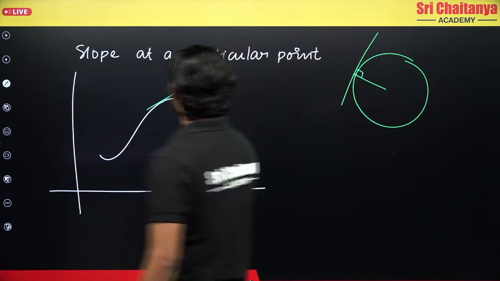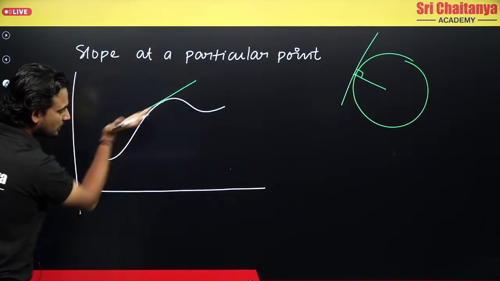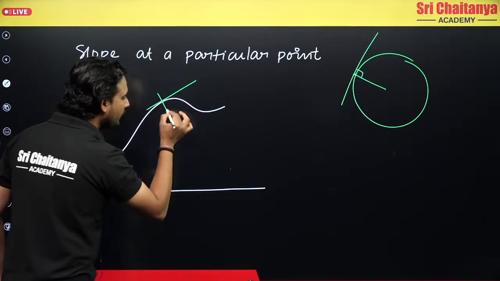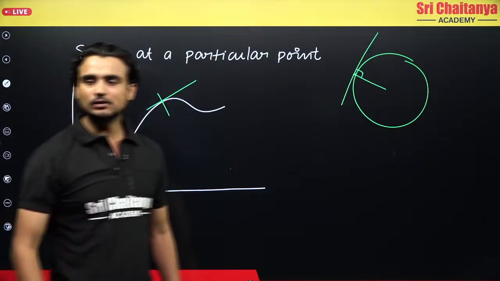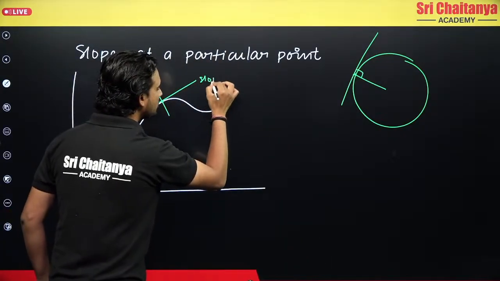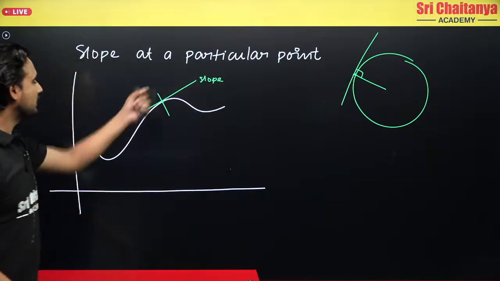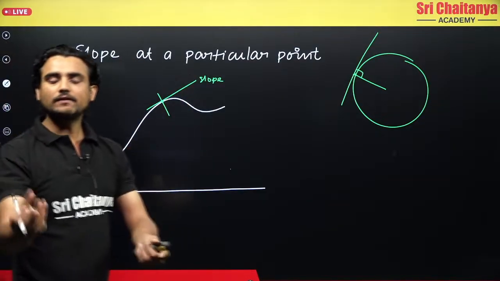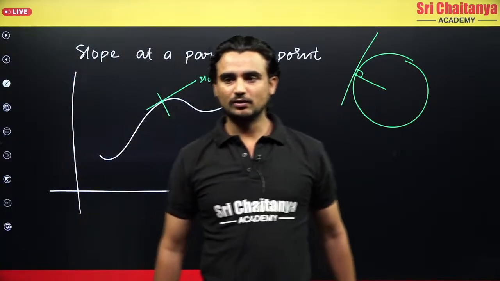Similarly, this tangent just touches the curve at a single point. The slope of this particular line is basically the derivative, the slope at this particular point.